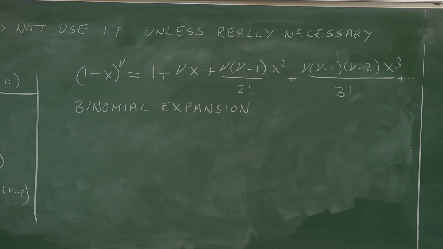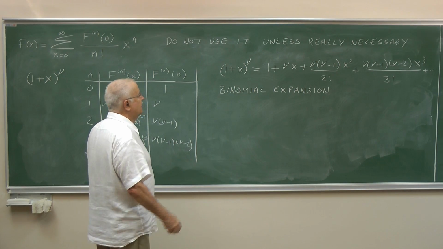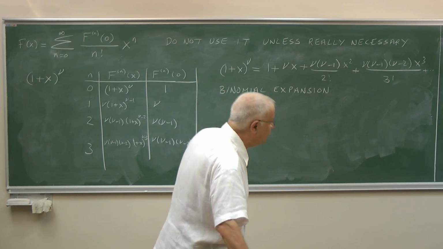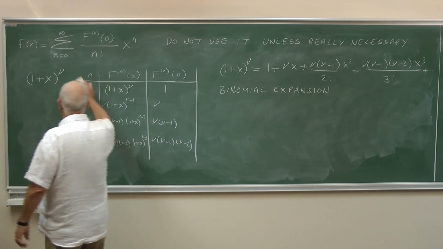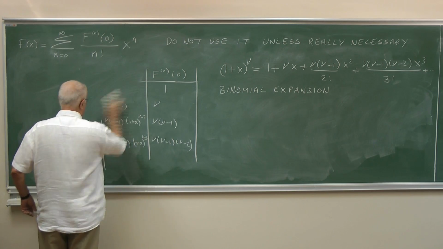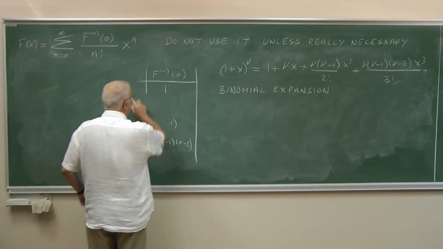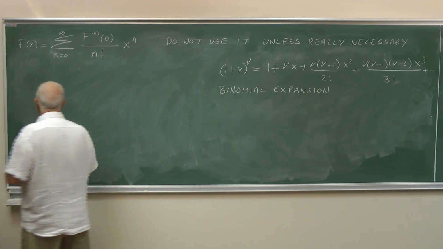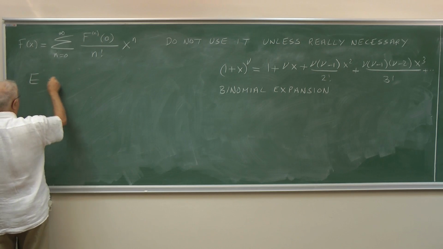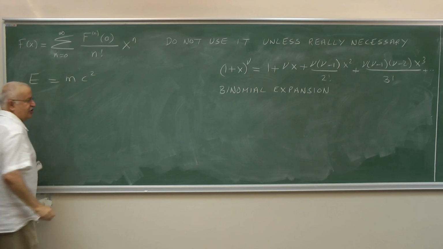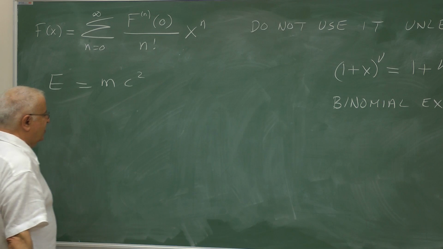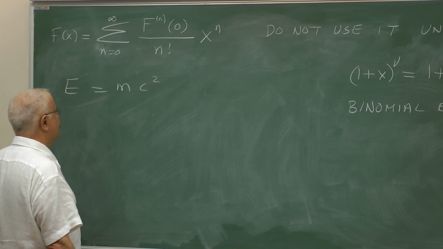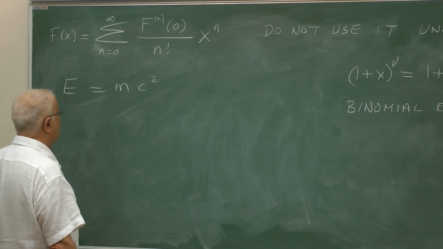Let us do a physics problem related to this. The famous, but unfortunately misleading equation, E equals to mc squared, as used by Einstein 110 years ago.